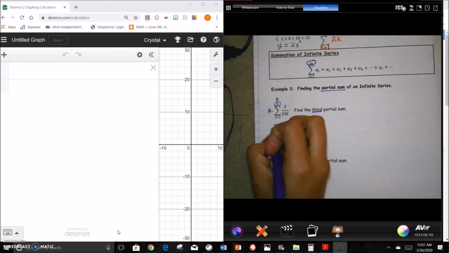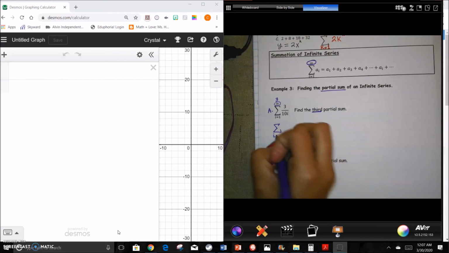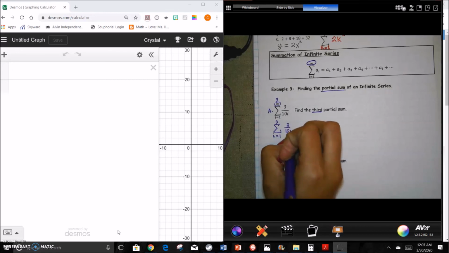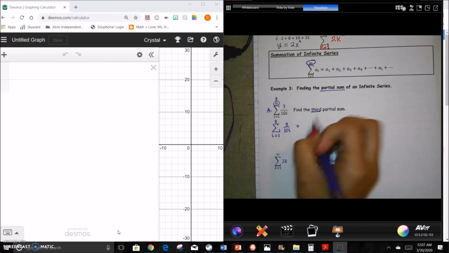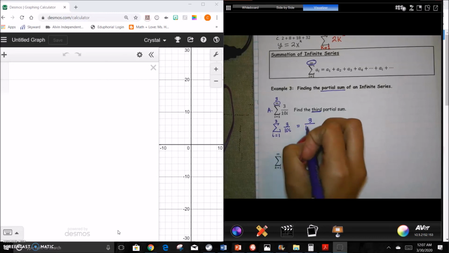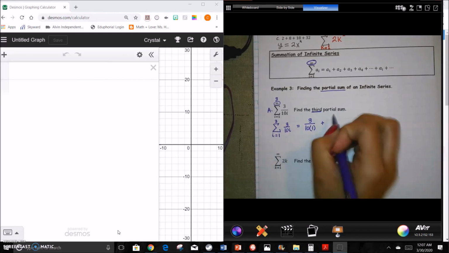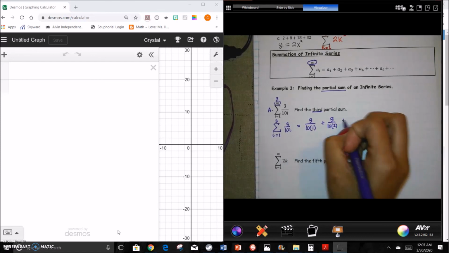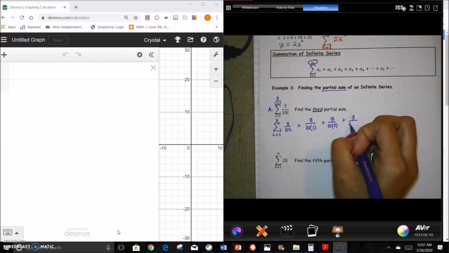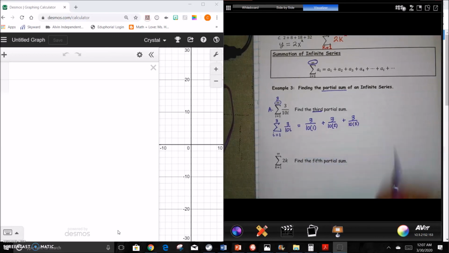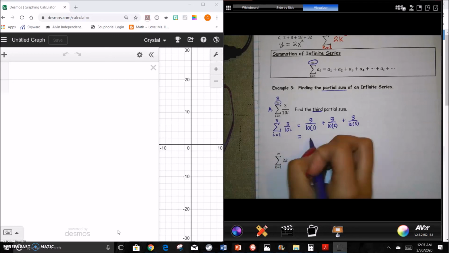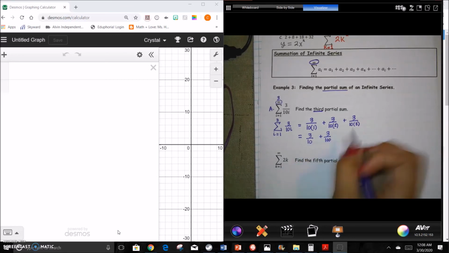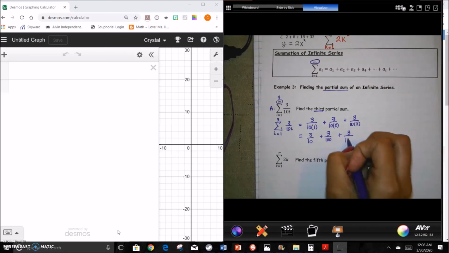I'm going to rewrite this as the summation of 3 over 10^i. That's going to be 3 over 10 times 1 plus 3 over 10 times 2 plus 3 over 10 times 3. Then that's going to give us 3 over 10 plus 3 over 100 plus 3 over 1,000.